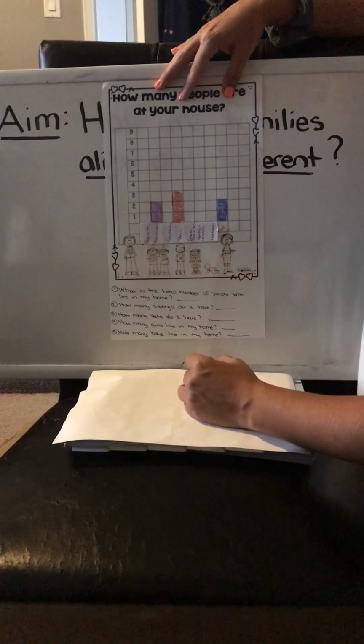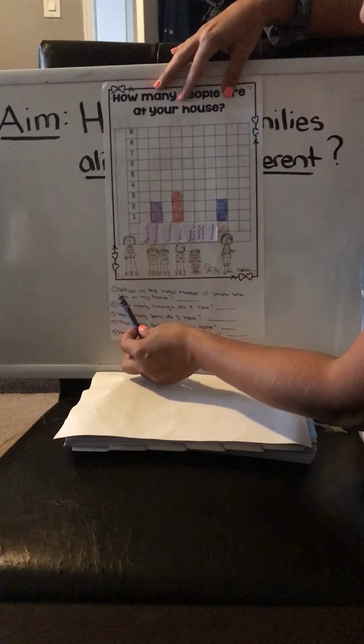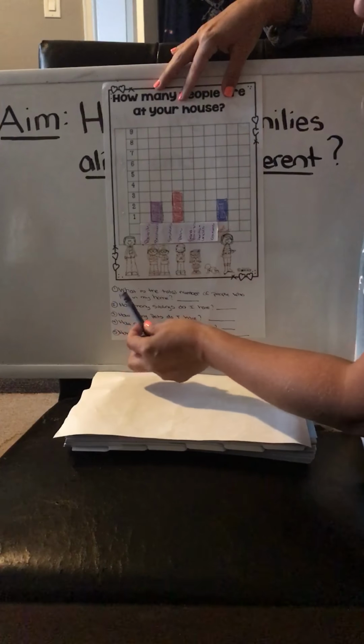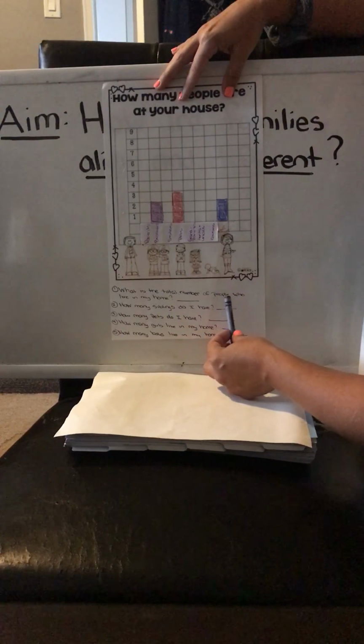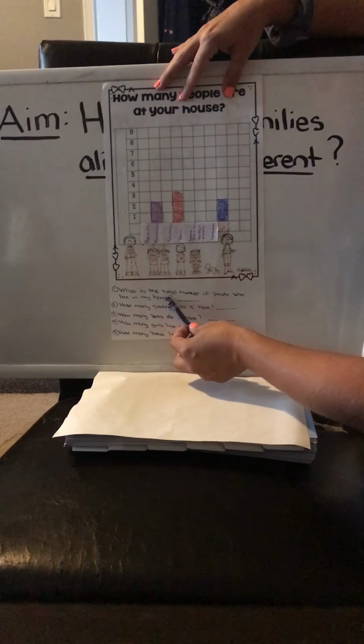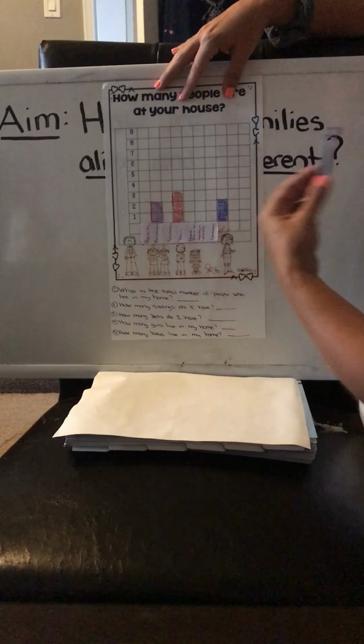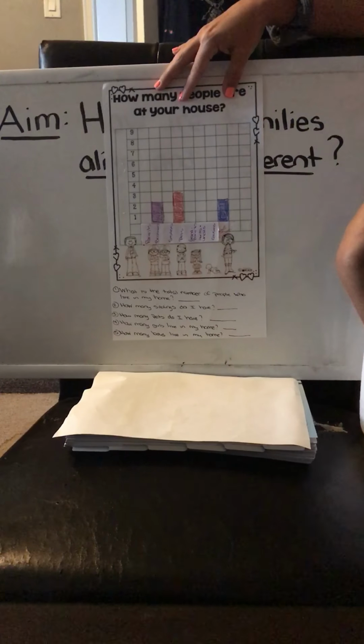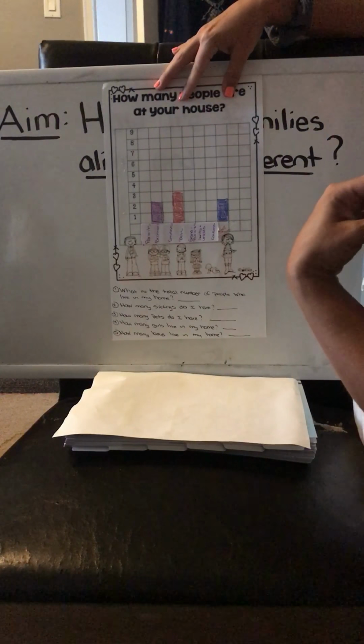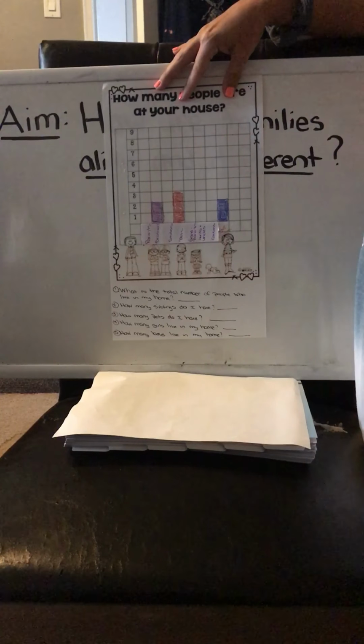All right, so boys and girls, question number 1. It says, what is the total number of people who live in my home? Boys and girls, for this activity, we're going to count our pets because we all agreed yesterday that pets are part of our family. All right, so let's count the boxes.